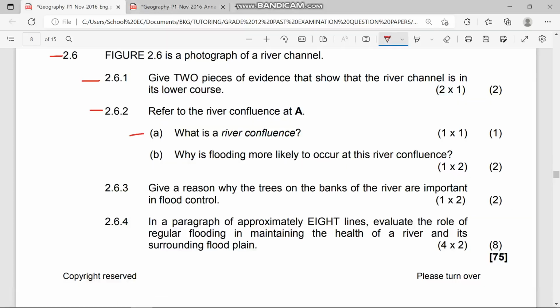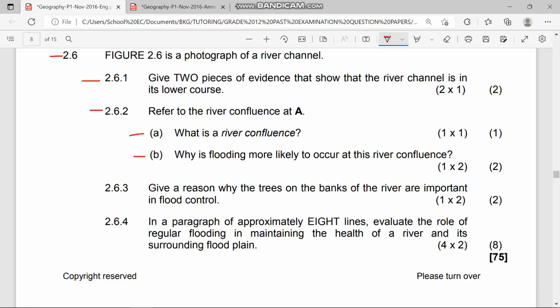B says, why is flooding more likely to occur at the river confluence? As I told you, when two water bodies meet, from the other river to the main river, those two streams converge, which results in an increase in the volume of water. When there is a high volume of water within the river, there will be floods.